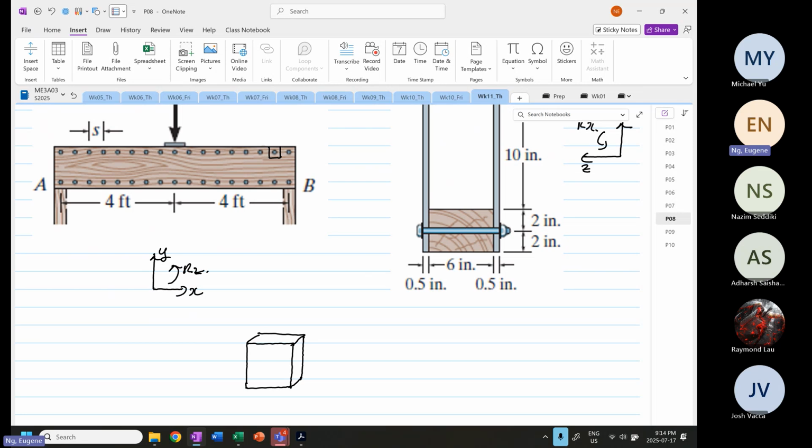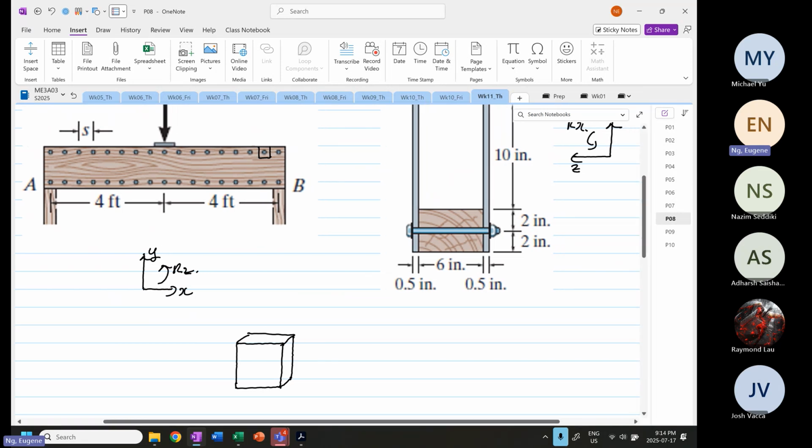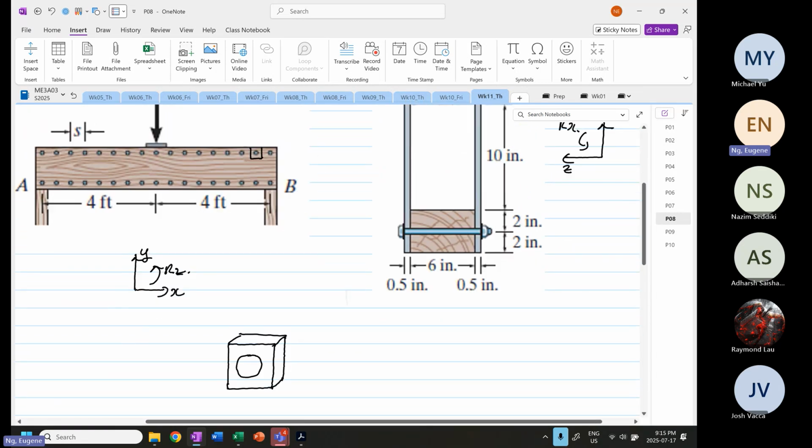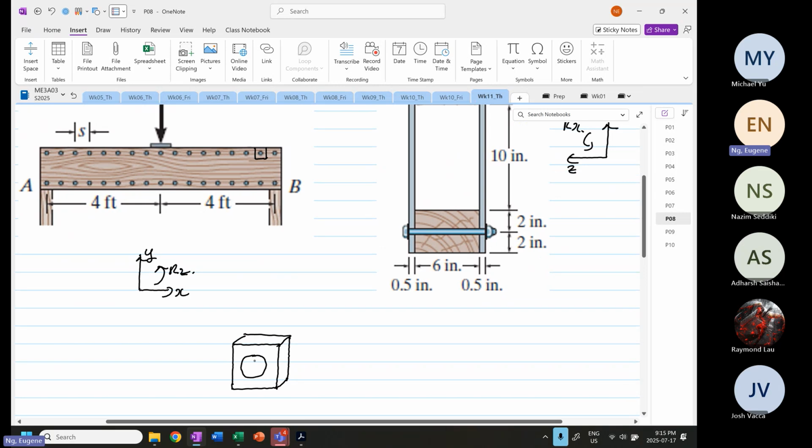You can see where our element is. And then at the element, we have a hole. Let me see, do I have our orientation right? Yep. We have our hole down here.